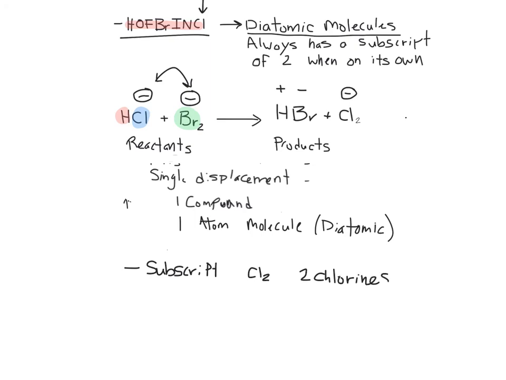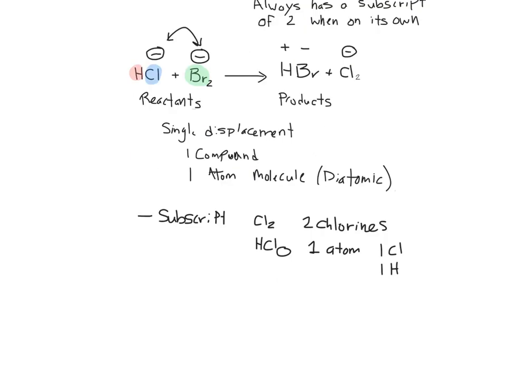Excuse my spelling, you know it's not very good. Or in the case of HCl, the absence of a subscript tells us that there's one of the atom. So here we have one chlorine and one H, sorry. And this should be a review from grade 9.